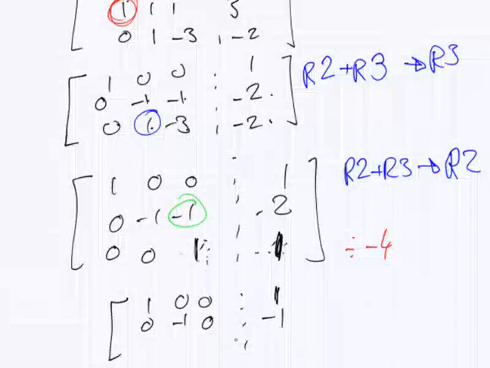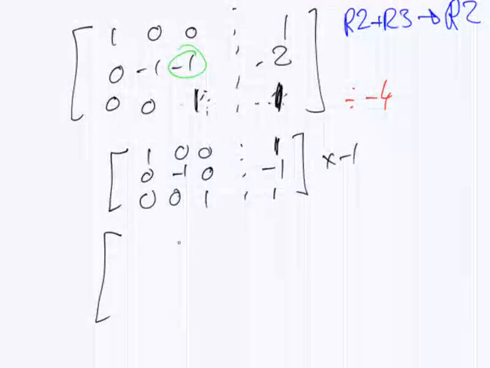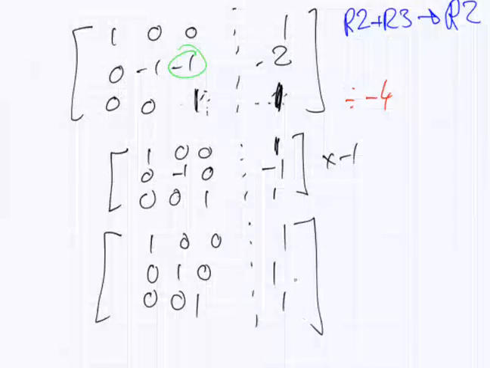So watch this now. Row 1 minus row 2 and put the answer on 2. 2 minus 2? 0. 2 minus 3? Minus 1. 2 minus minus 1? 3. And then 6 minus 4? 2.